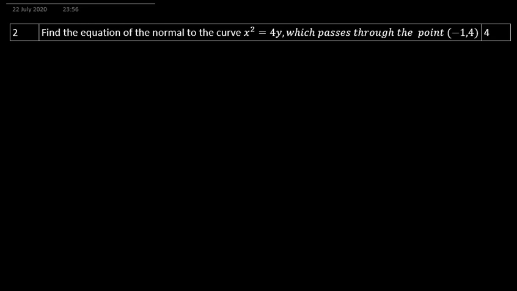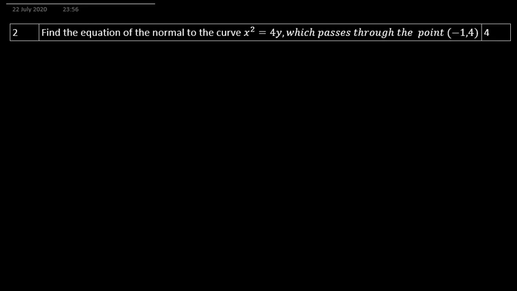The point of contact of normal and curve is not given. What is given is that the normal is passing through minus 1 comma 4. So I know only one condition, that the normal is passing through minus 1 comma 4, and second I know the equation of the curve, and nothing else. So only two things are given.